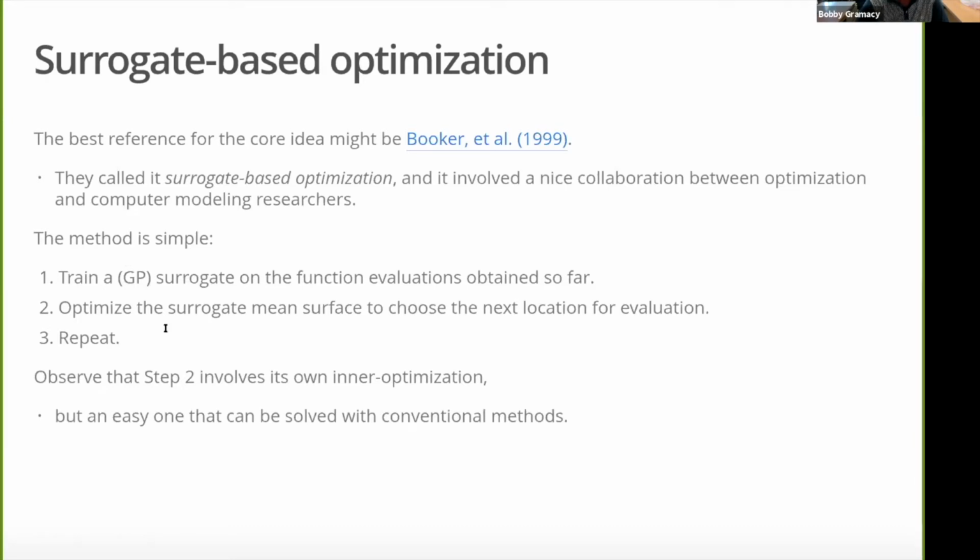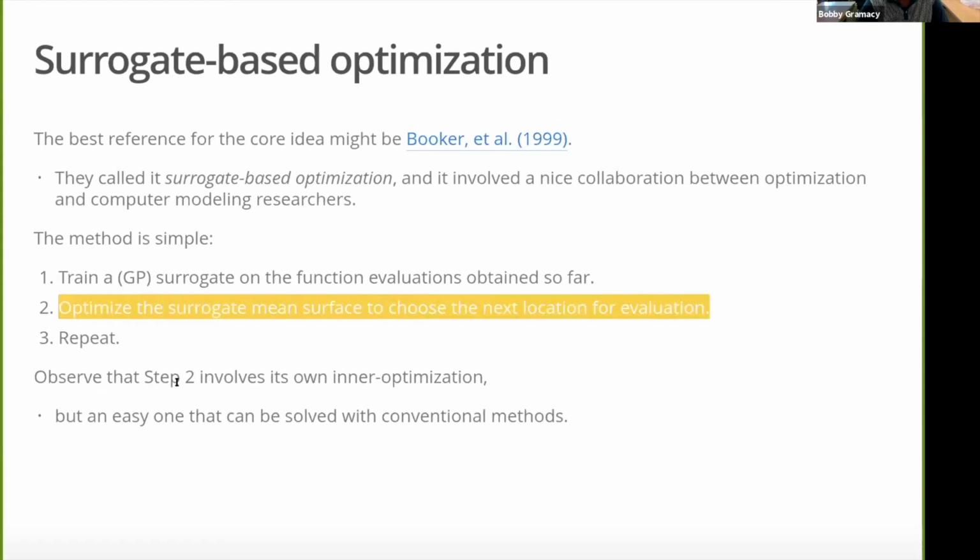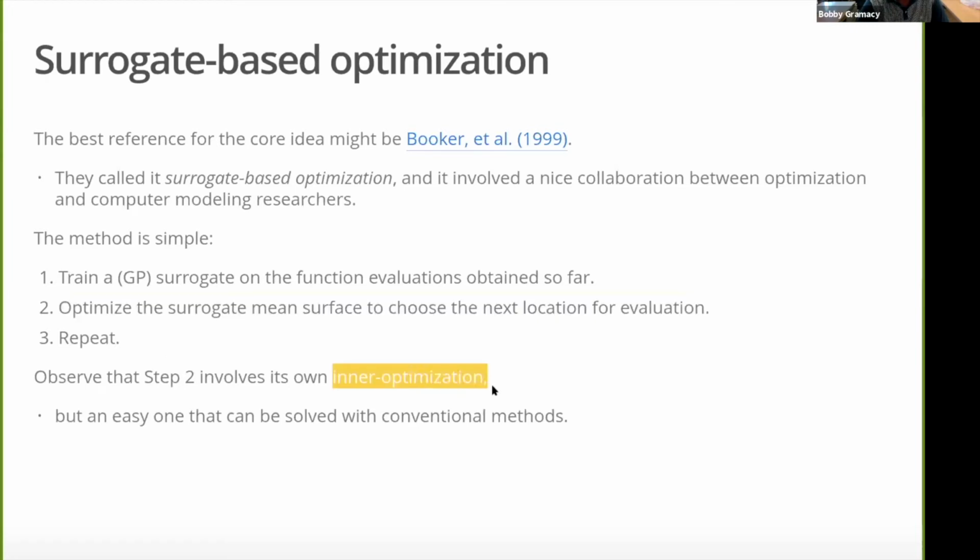Observe that this step 2 here involves its own inner optimization. We're optimizing the surrogate in order to help optimize the real function. The idea here is that the surrogate is cheap to evaluate, and you can do that as much as you want. The thing that you want to avoid is evaluating the real function. Okay, so that's sort of a warm-up.